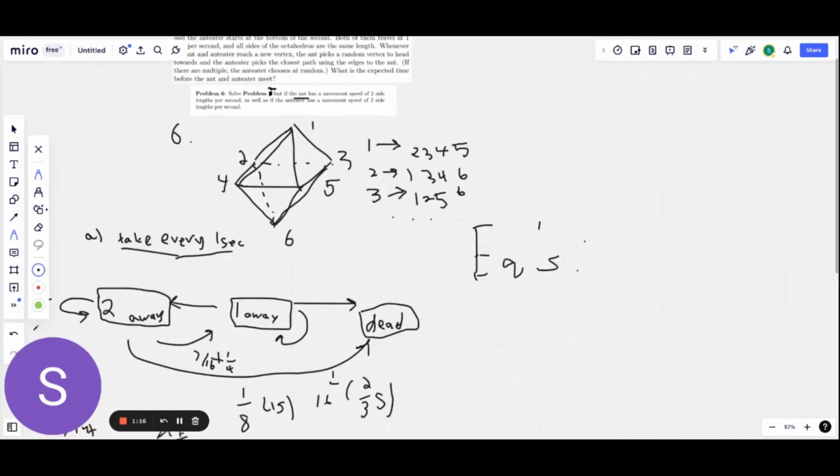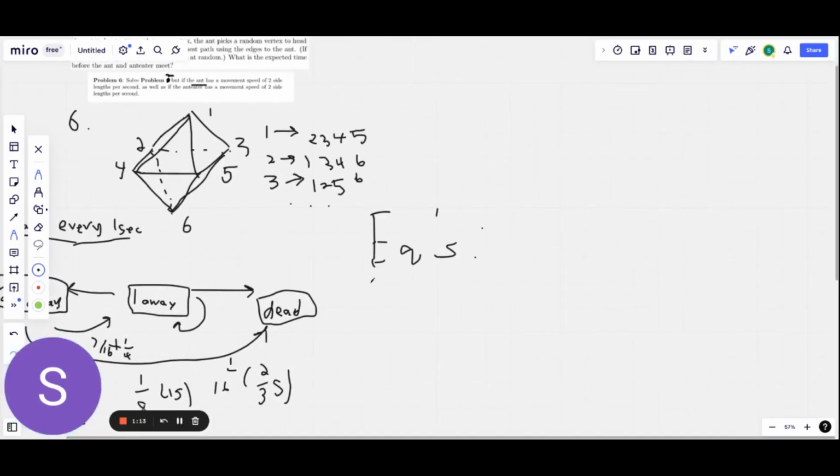So the first equation is just going to have to do with our 2 away. Let's say E2 is the expected lifespan when it's 2 away.